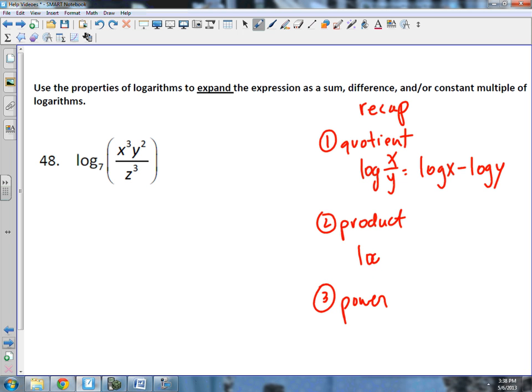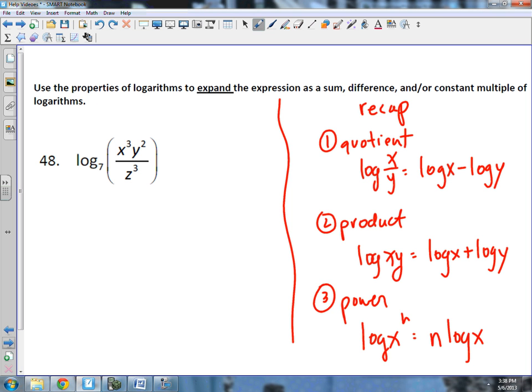If you got a product of 2 things within a log multiplied, you could break those up by adding. And then the power property says something that we just used in the last problem: if you got a power in the problem, then you could pull that power out in front. All right, so those are your 3 properties. You might have been able to find those in your notes, but if not, there they are.